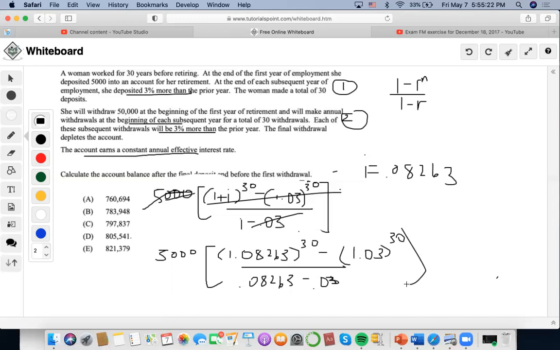Now let's solve this. I'm going to do 1.08263 to the 30 minus 1.03 to the 30, which is 8.397084, divided by 0.08263 minus 0.03.